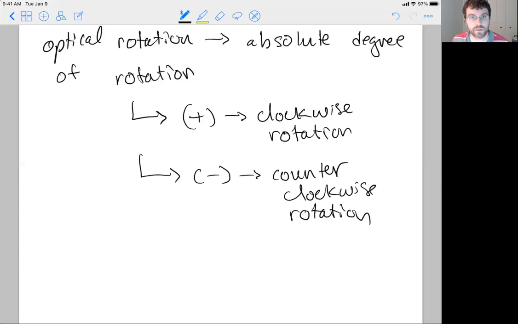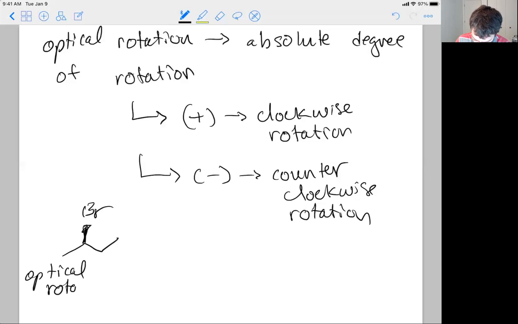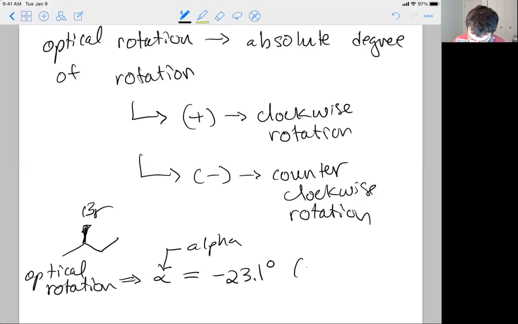Clockwise tends to be positive, looping around a circle. Counterclockwise is considered to be a negative degree rotation. So what you would see is that this molecule has an optical rotation, which is written as alpha, which is equal to minus 23.1 degrees because it's a counterclockwise rotation.